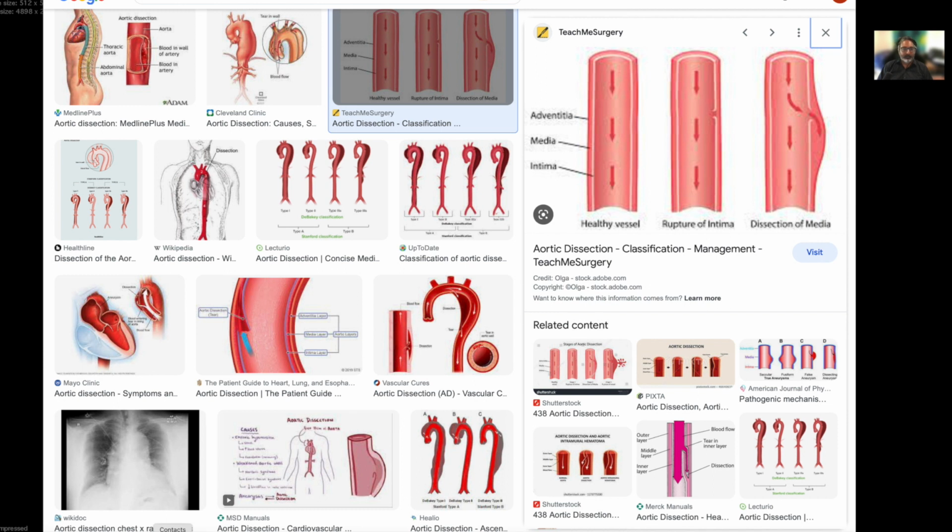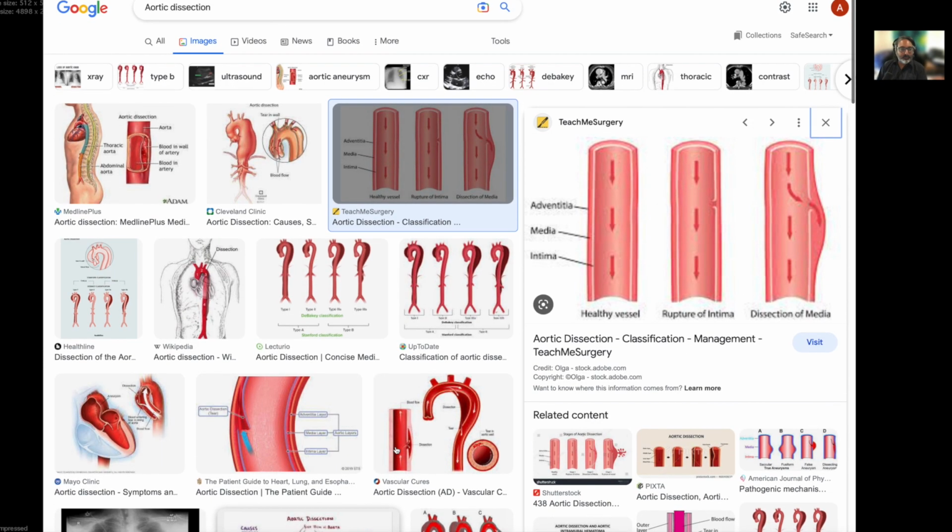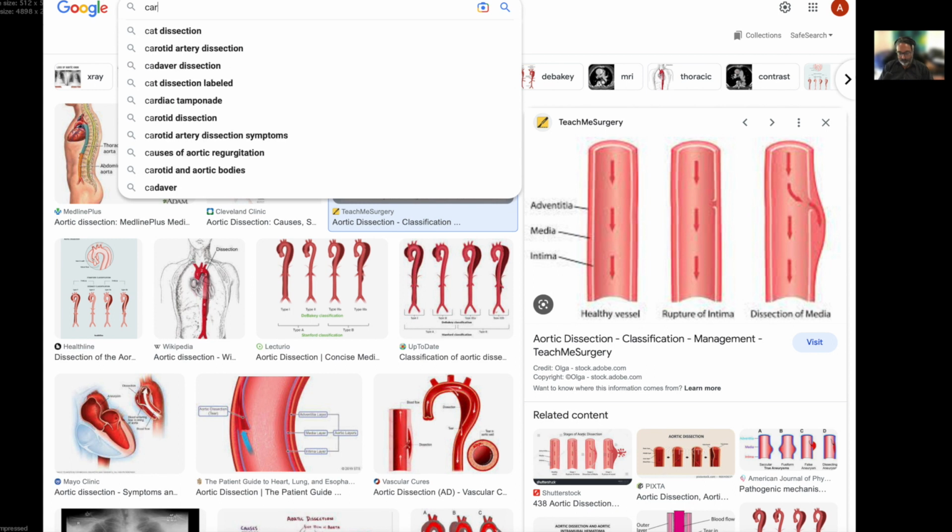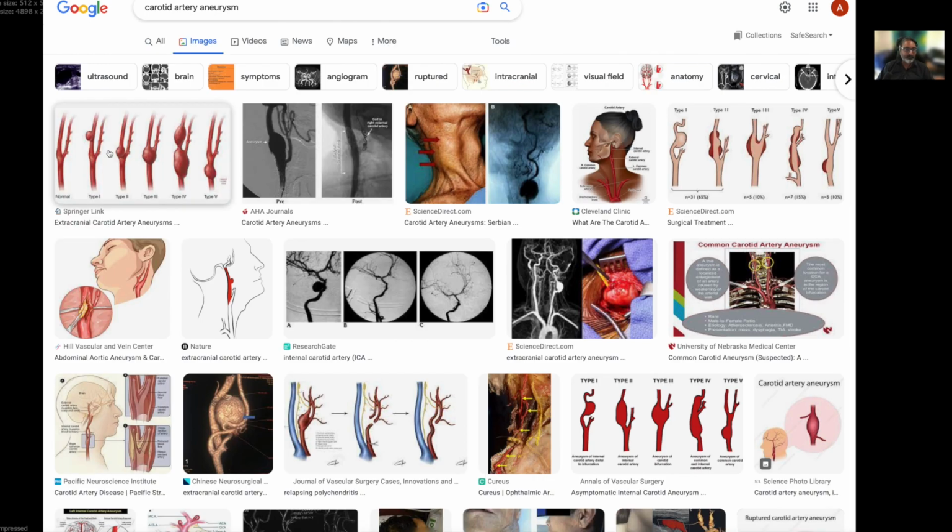And the false lumen, that's the section where the blood collects between the wall and that. I think so. I'm not really sure what it's called. That might be called the false lumen. But you can have a carotid artery aneurysm, and that doesn't have a dissection because it's a small artery. So sometimes these aneurysms don't have a dissection, but a dissection is a cut in the vessel wall.